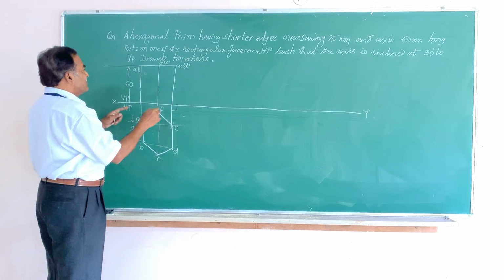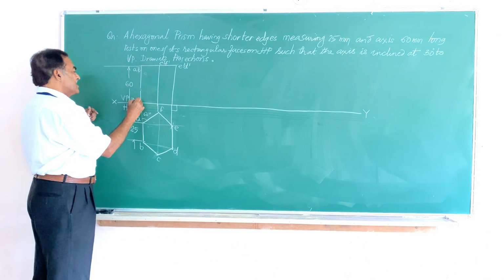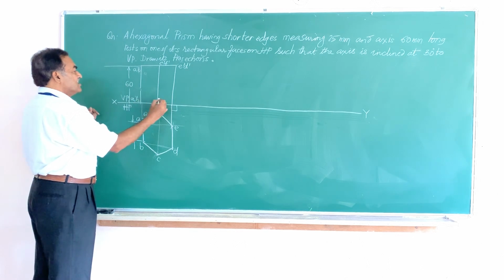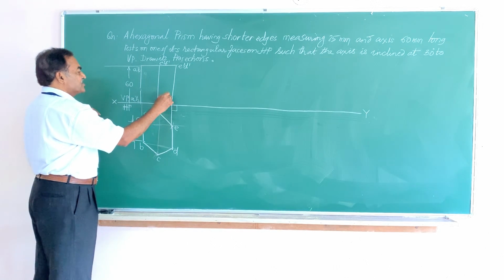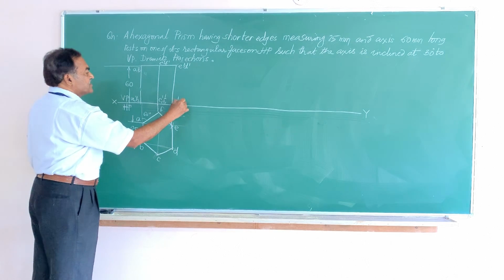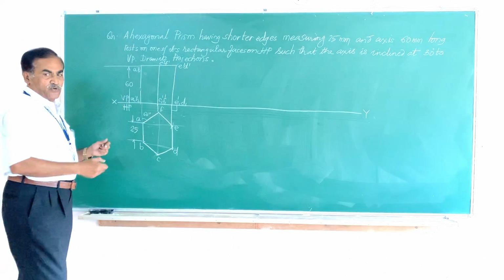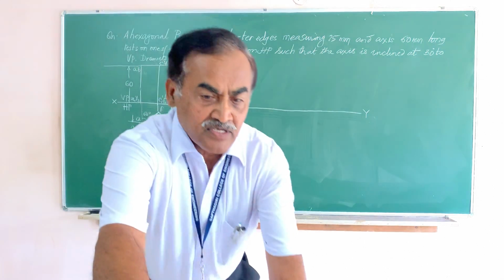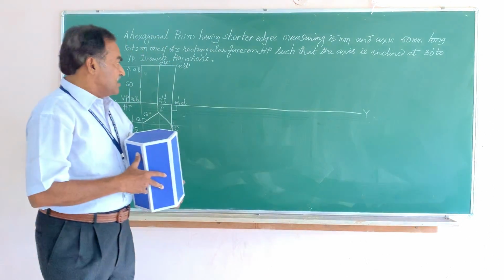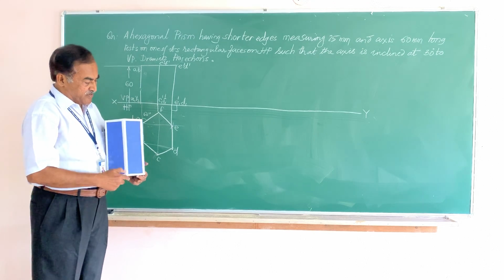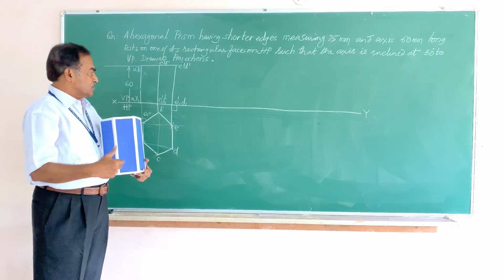Similarly, come to the bottom surface and mark as A1 dash, B1 dash, C1 dash, F1 dash, E1 dash and B1 dash. So again for the top, I told you there will be 6 corners for the base. Suppose this is A, this is A1, B, B1 and so on, so forth.